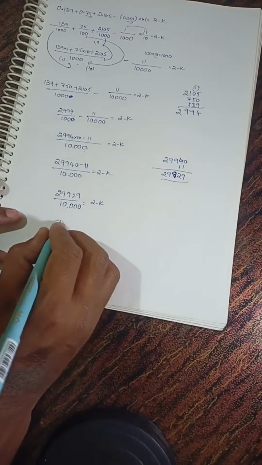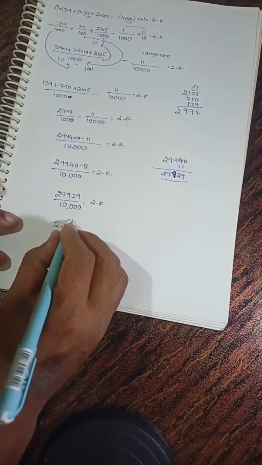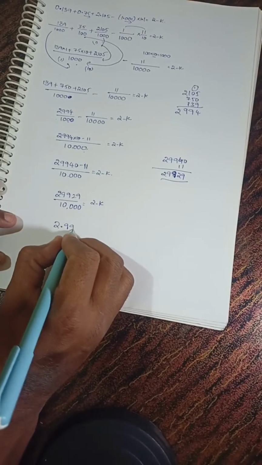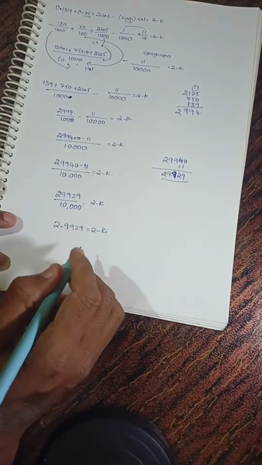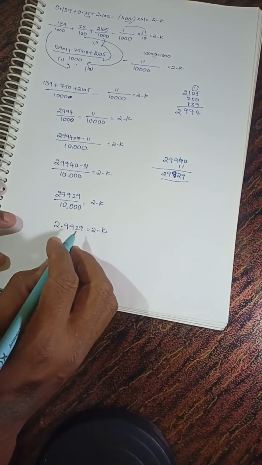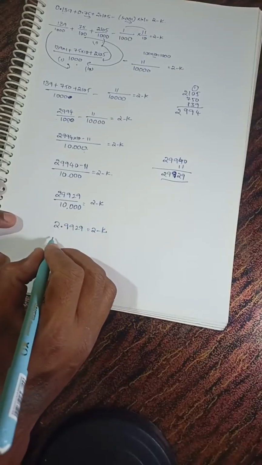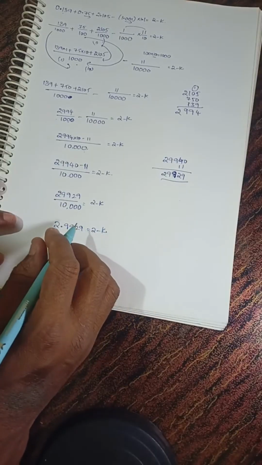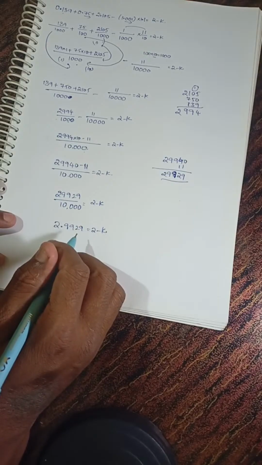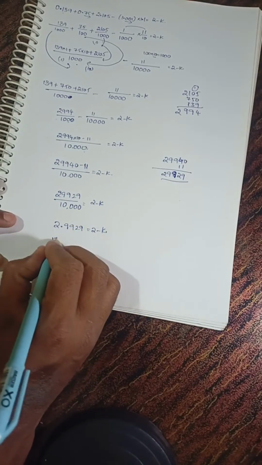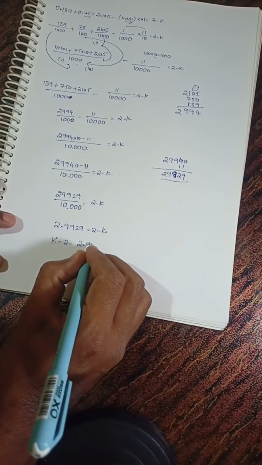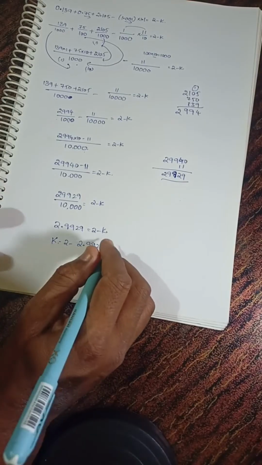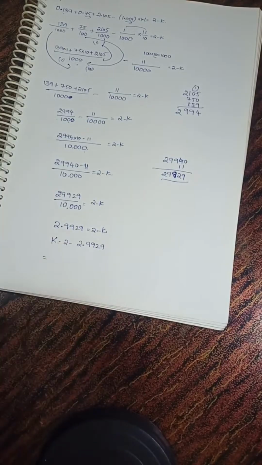Now if you do division, you are getting 2.9929 is equal to 2 minus k. So if you interchange these two values, what are you getting? Yes, so k is equal to 2 minus 2.9929.